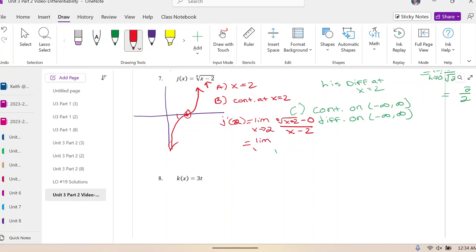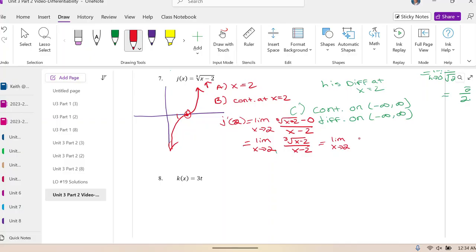So we would have the limit as x approaches 2 of the cube root of x minus 2 over x minus 2. So if you think about this, the best way to simplify this is to think about this as exponents.